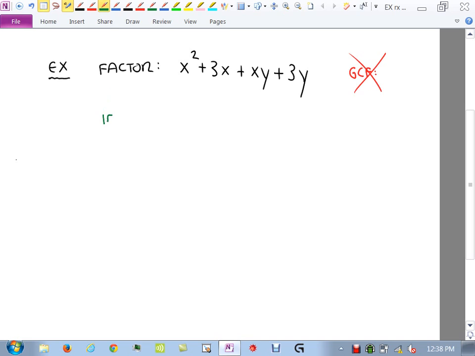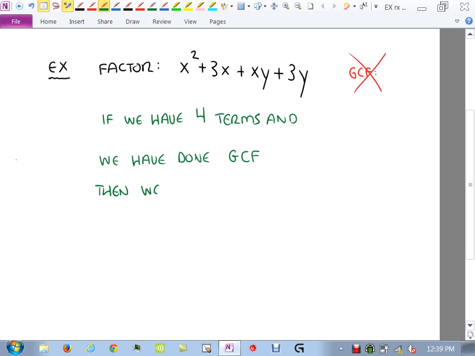So if we have four terms and we have done a GCF, we've already done a GCF here, we tried, nothing happened, but we did address that, then we try something called grouping.